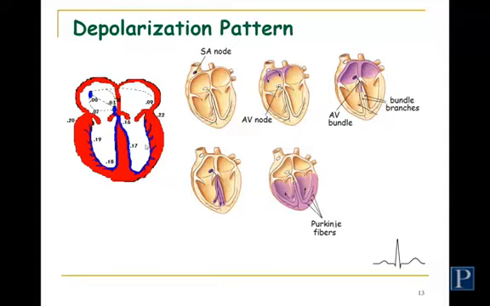Because what is in the ventricles? It's the Purkinje fibers. They conduct the electrical impulse really quickly. The cardiac muscle itself, the ventricular muscle, transmits the electrical activity fairly slowly, about 0.3 to 0.5 meters per second, which is about a sixth of the Purkinje fibers.